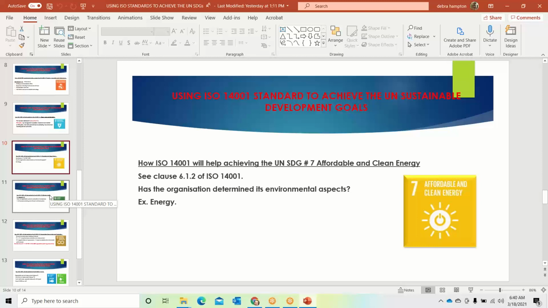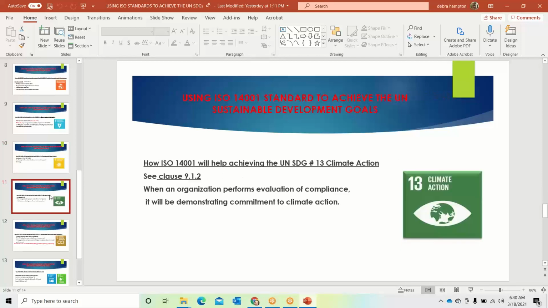How is it going to impact the need for affordable and clean energy? So working alongside clause 6.1.2 is going to enable us achieve affordable and clean energy, after taking into consideration environmental aspects.